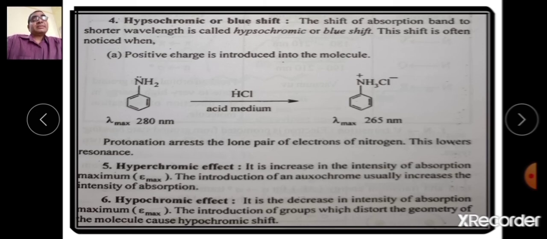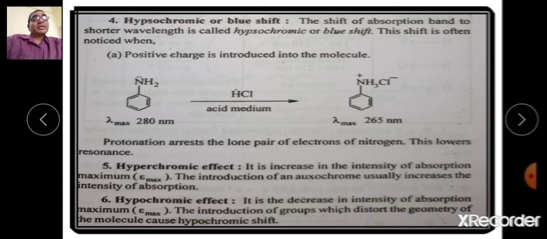And the next is the hyperchromic effect. These are the effects. The first two are shifts of the wavelength, while these are the effects. Look, it is an increase in the intensity of the absorption maximum, that is Emax. The introduction of an auxochrome usually increases the intensity of absorption.